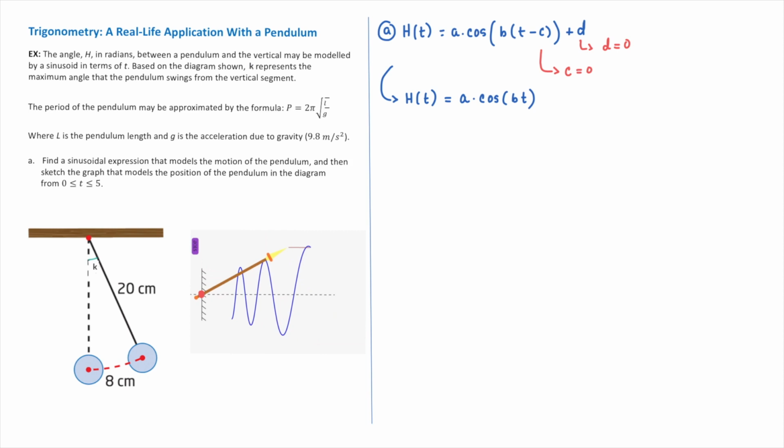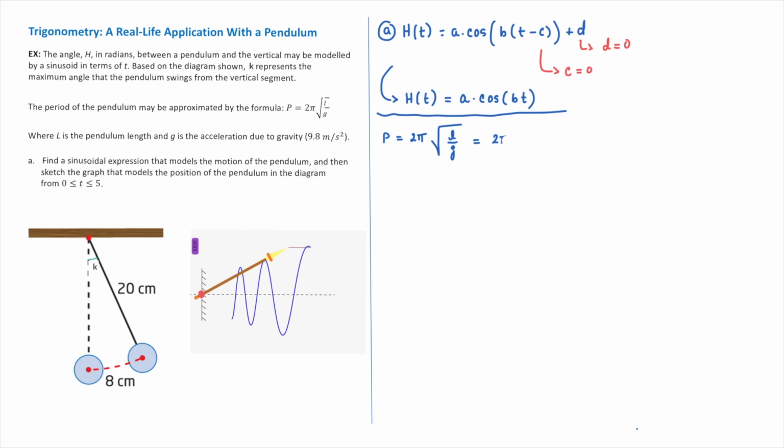Okay, so how do we do these things? Let's start with B. I think it's easier given that it's completely determined by the period. So the period was given to us as 2 pi times the square root of L divided by G. You know what?